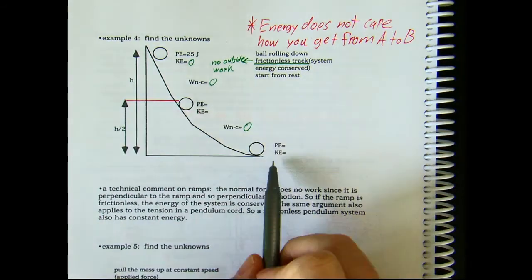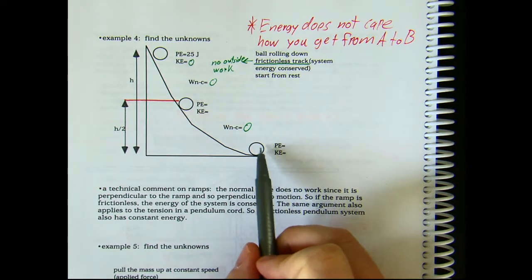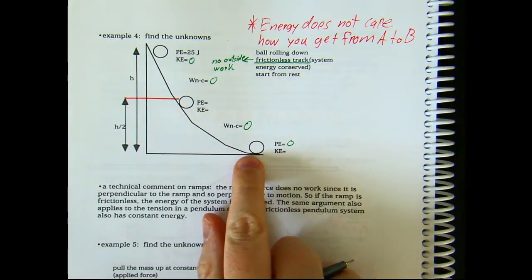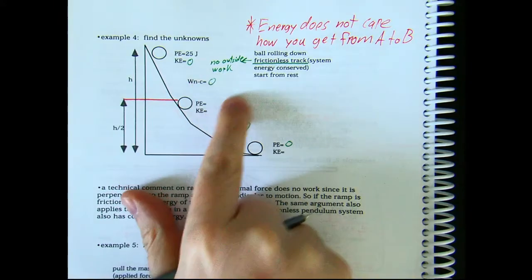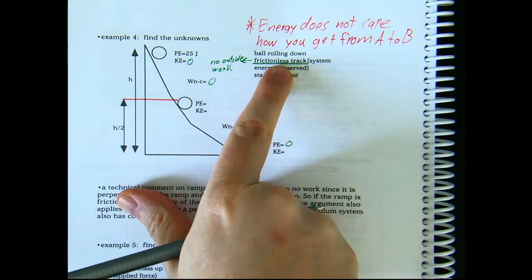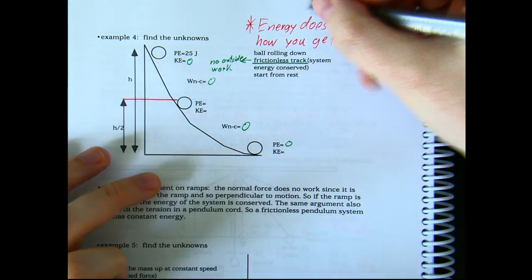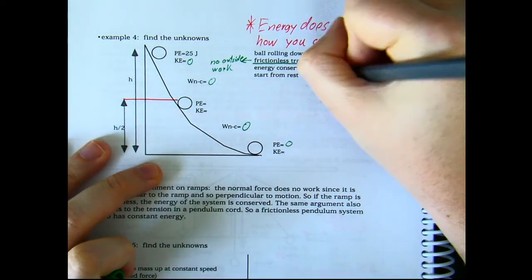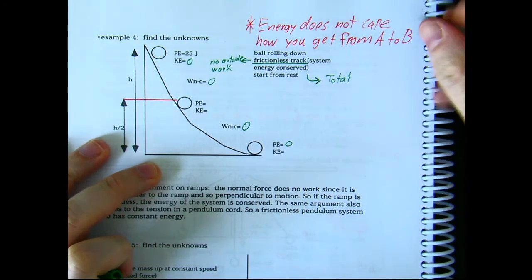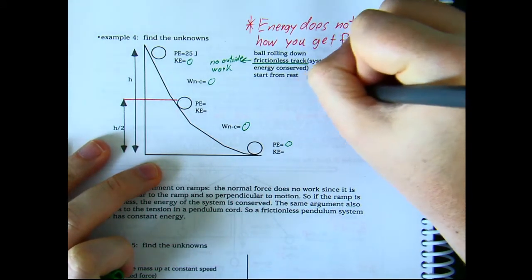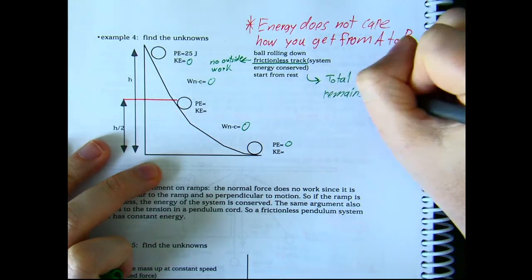At the end, there is no potential energy. The ball is at the bottom. So what's the kinetic energy going to have to be if no work was done, by friction for example? In this case, because there's no work being done here, total energy remains constant.